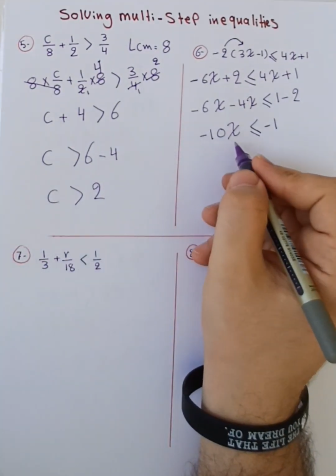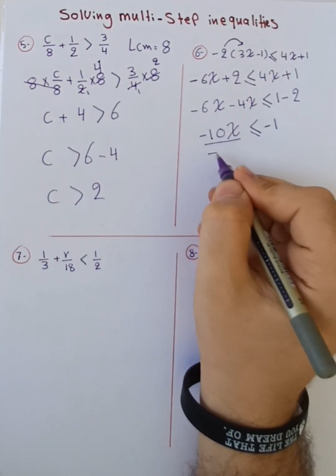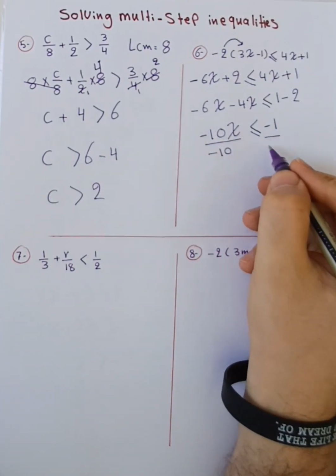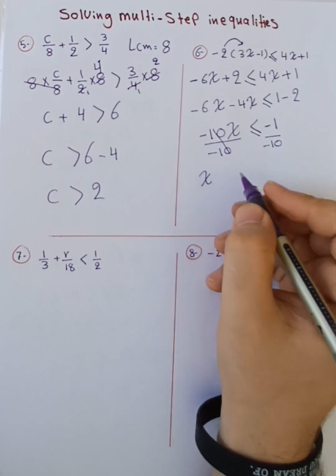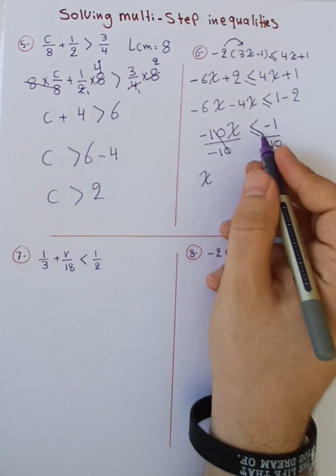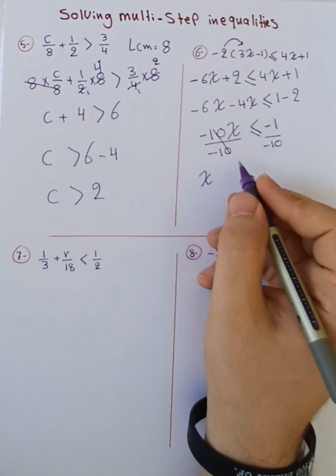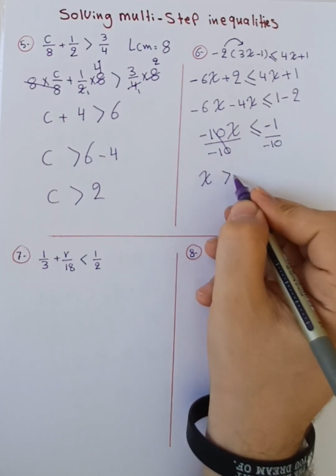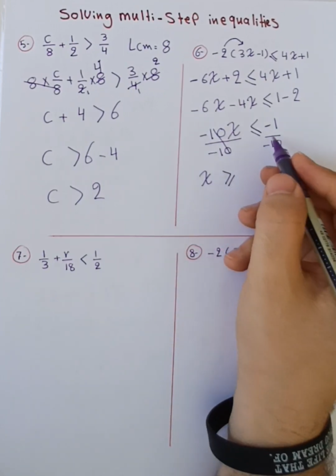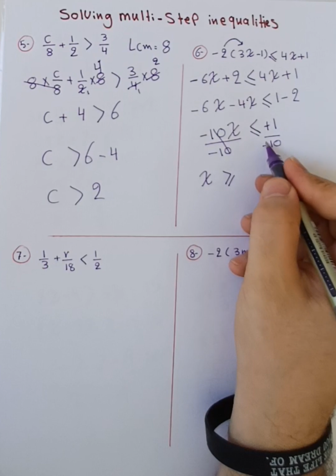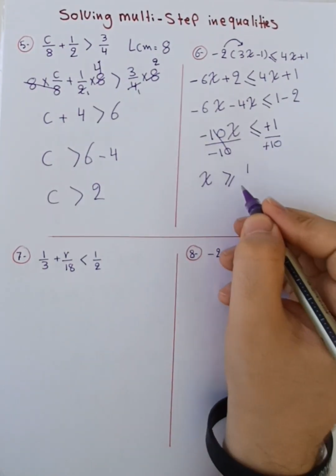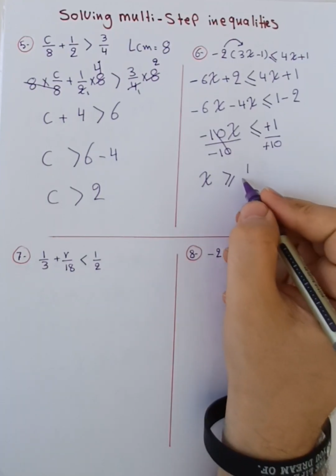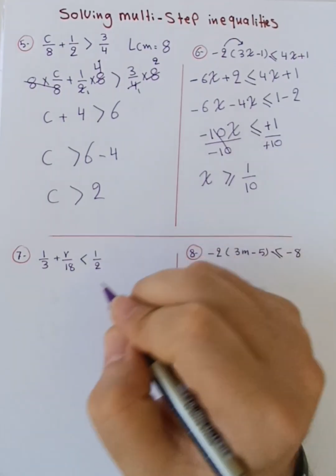After that, you have to divide both sides by negative 10. These two 10's are reduced, x stays, and then you have to change this sign from less than or equal to greater than or equal, and then these two signs are reduced. So x is greater than or equal to 1 out of 10.